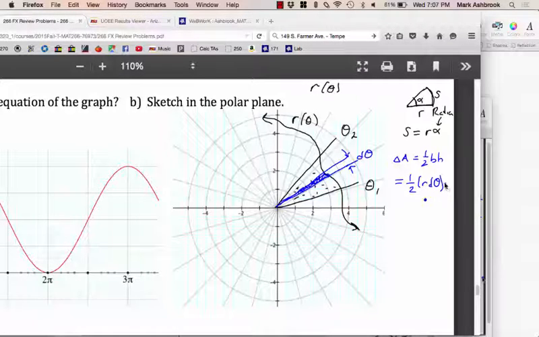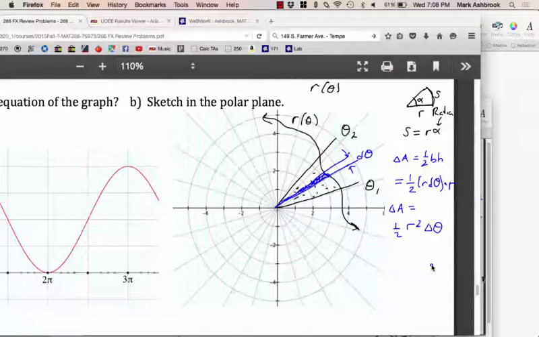And then what's the height of the triangle? The height is from the pole out to the curve. And what's that distance? r. So we got it. A little chunk of area is 1/2 r squared d theta. There's our typical wedge of area for an angle change of delta theta, based on the area of a triangle.